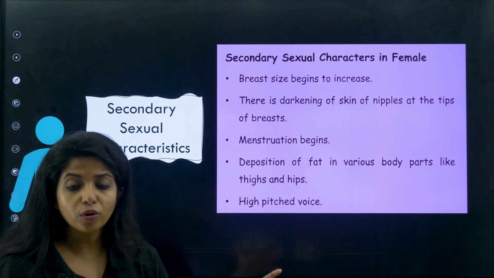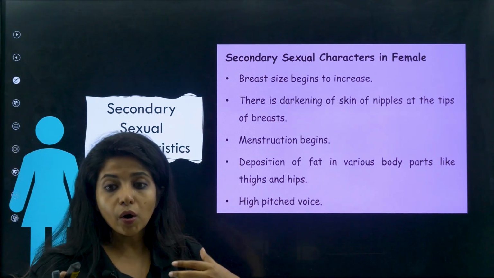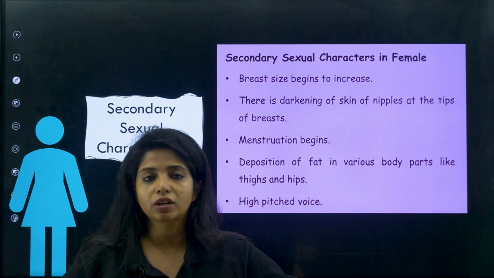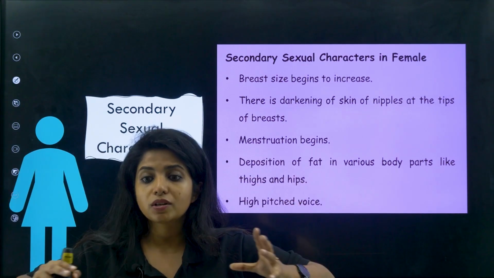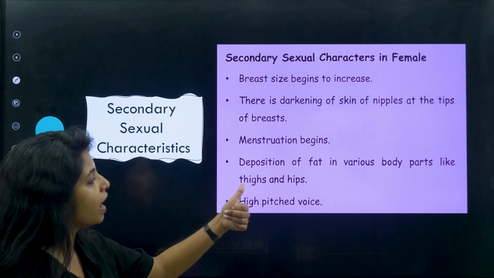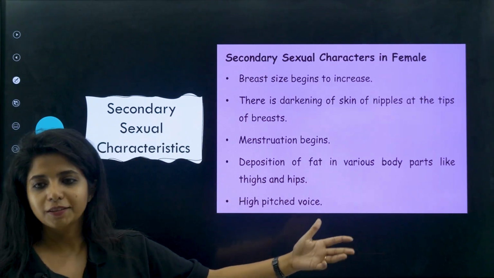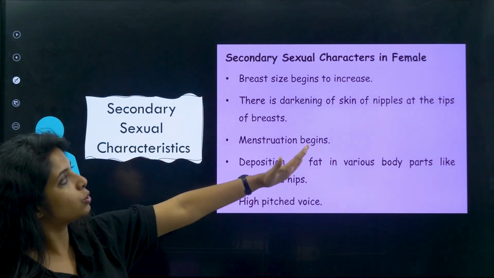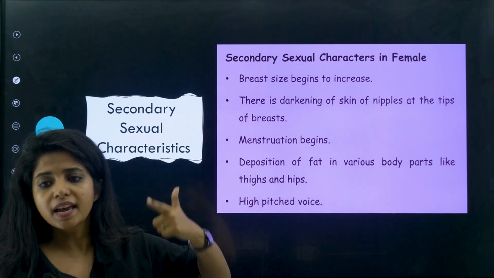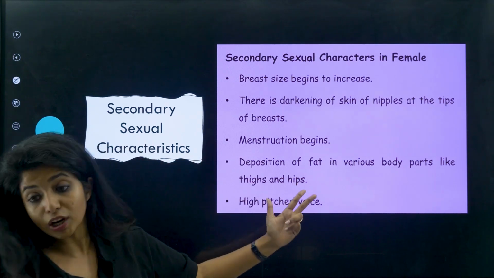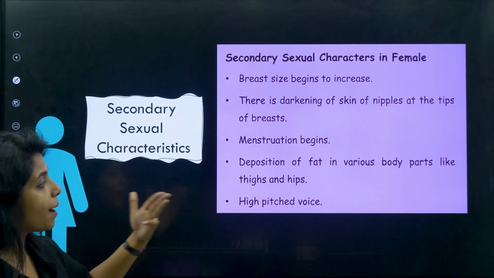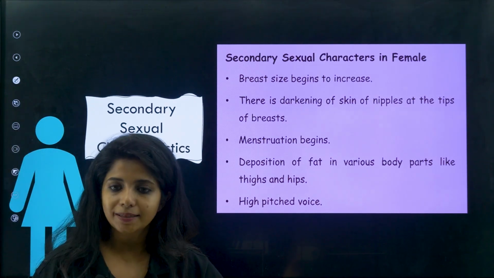The pelvic region, which has the uterus, broadens because your system is starting to work. You will also have a high pitched voice, just like mine. So these are the secondary sexual characteristics in females: breast size increases, darkening of the nipples, menstruation begins, fat deposition in the thigh and hip region, and a high pitched voice.